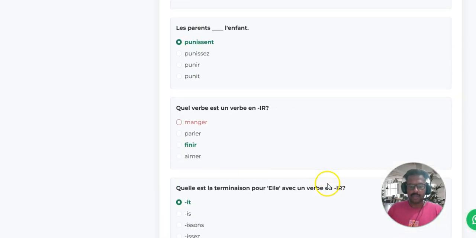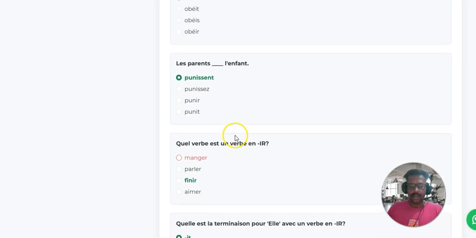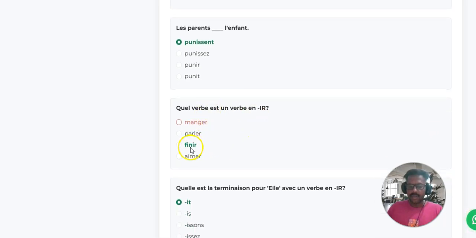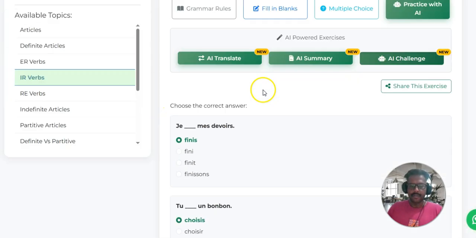Oh, which one is wrong? Okay, I think perhaps I knew this one, but maybe I missed it. Anyway, it's very easy. The only verb that we have is finir, that's ending in er, and for the rest it's good.